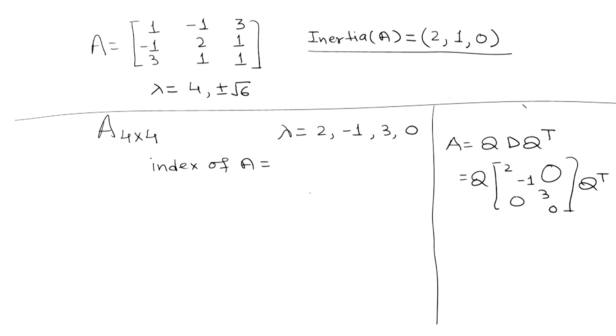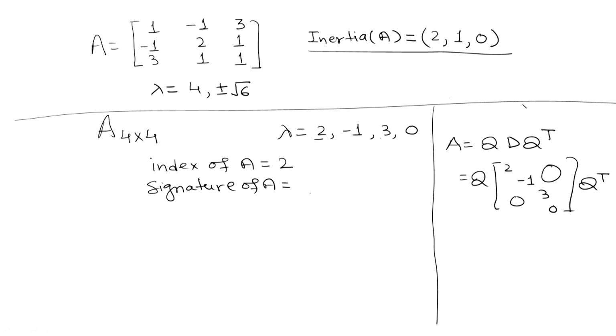So, here the index of A is the number of positive entries, so it is 2. The signature is the number of positive entries minus the number of negative entries.